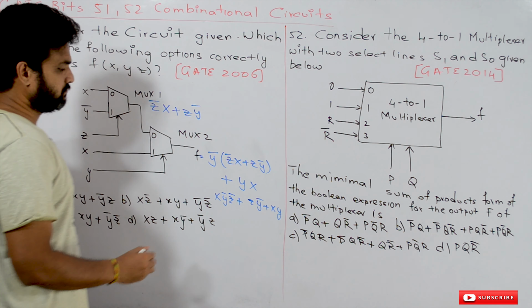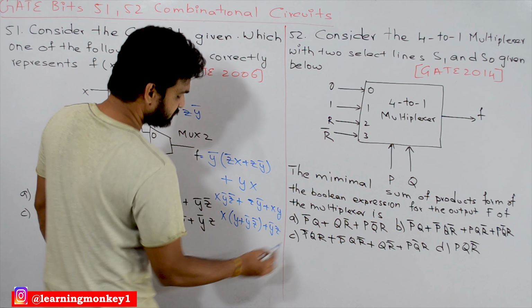Now if we consider these two terms and take y common, it becomes x times (y plus y bar z bar) plus y bar z.